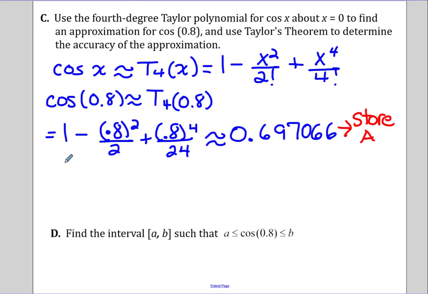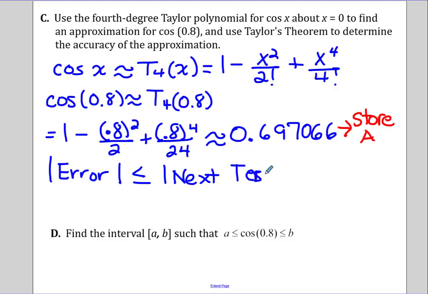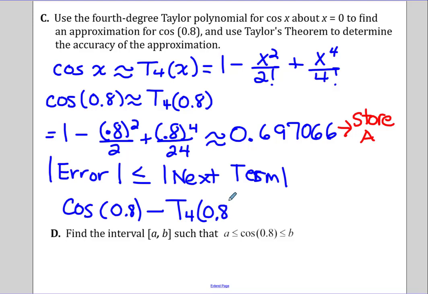So the error absolute value has to be less than or equal to the next term, which means the cosine of 8/10 minus the 4th degree approximation has to be less than or equal to our value at 8/10, and the next term would be the 6th power over 6 factorial.